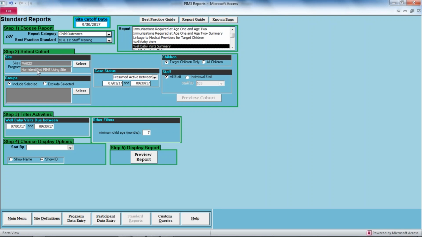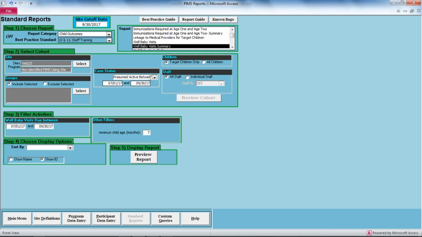Okay, so we selected child outcomes, we select well baby visit summary, and we look over here. We're leaving VA 023 as the site. Again, for all of these quarterly outcome reports, we want to look at people who were active in the date range.